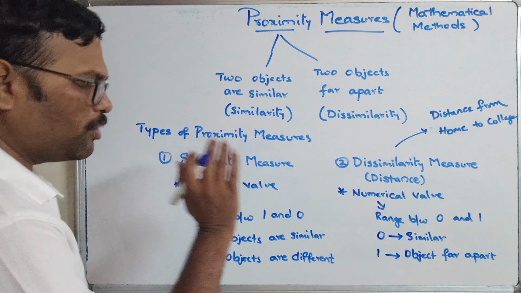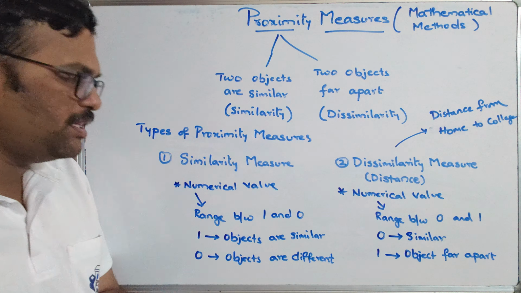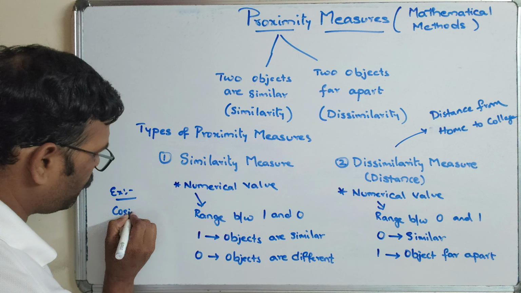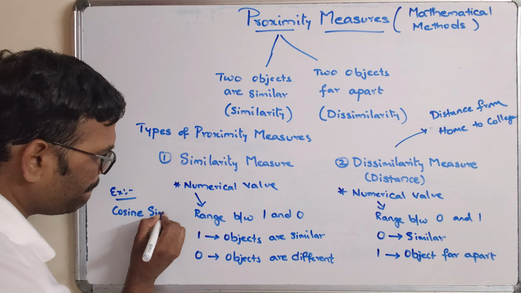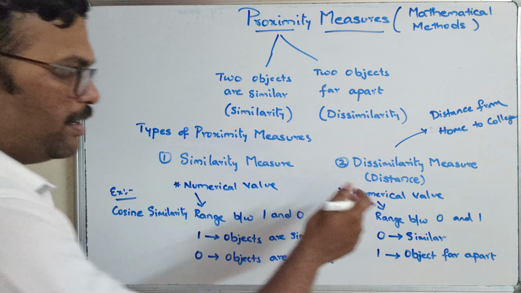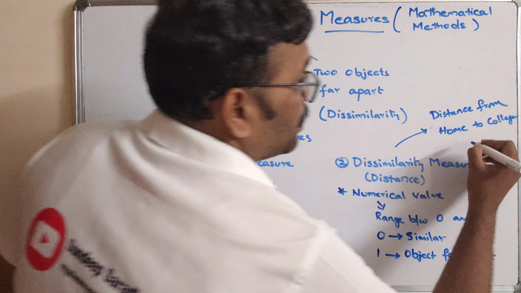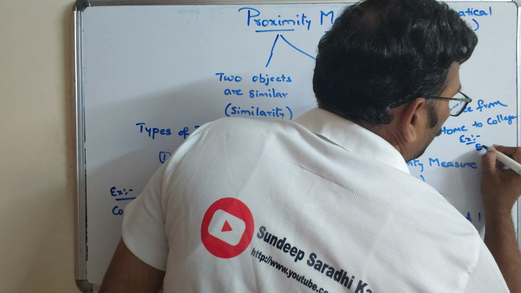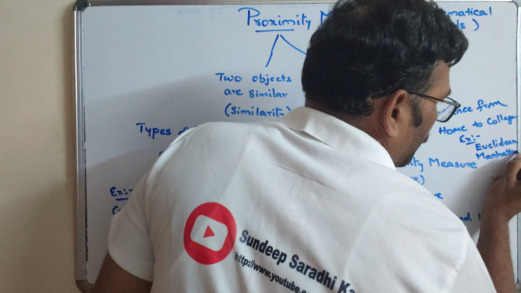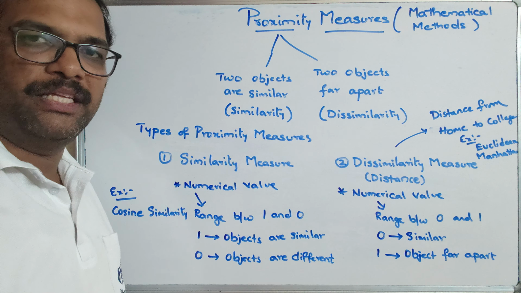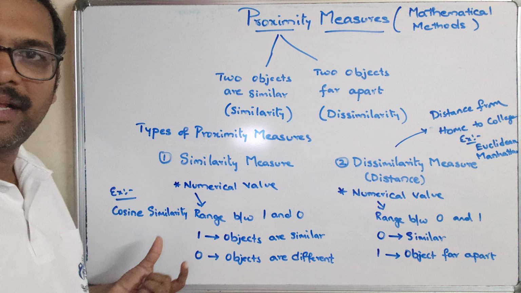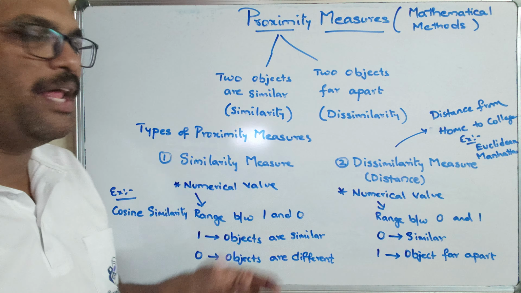So here, in order to find this numerical value, or to measure this similarity measure, the example for this one is cosine similarity, and for this one, examples are Euclidean distance, Manhattan distance, etc. So these are the methods or techniques we will be using to calculate the dissimilarity measure, and the cosine similarity will be used for measuring the similarity measure.